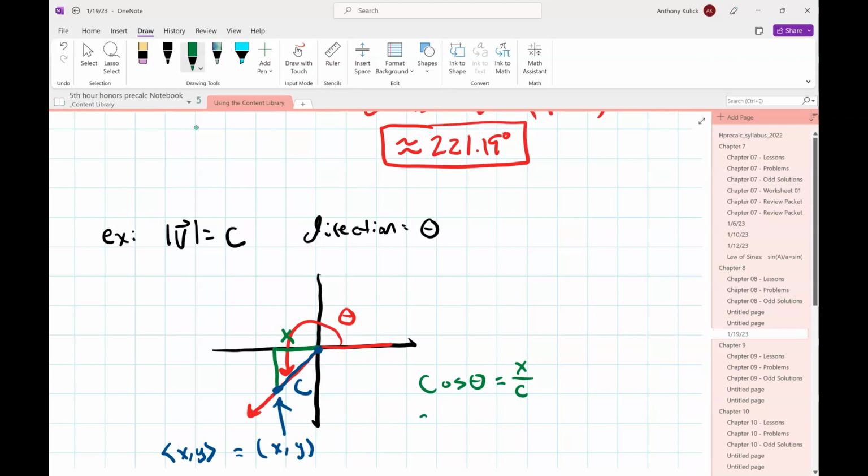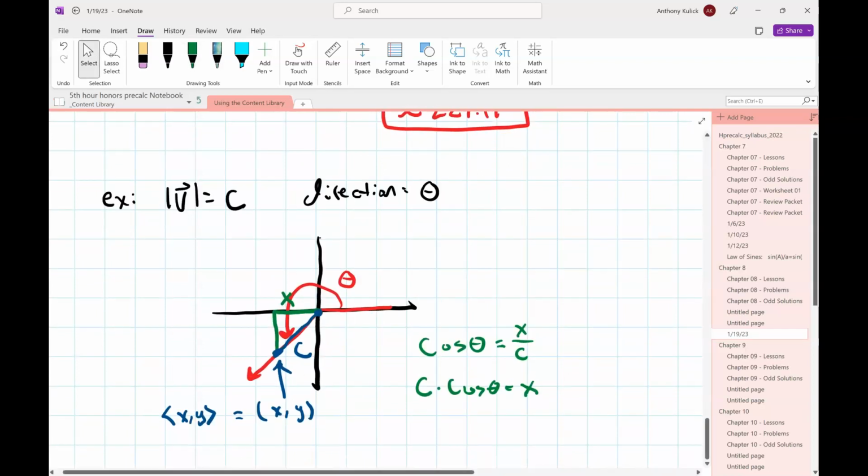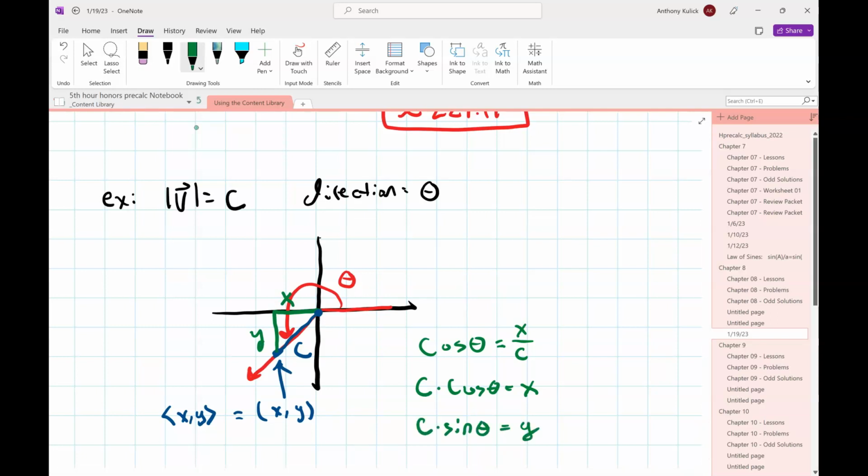So if I just multiply both sides by that constant, the x-coordinate is just going to be c times cosine theta. How would I find the y-coordinate? Not surprisingly, it's going to be c times sine theta.